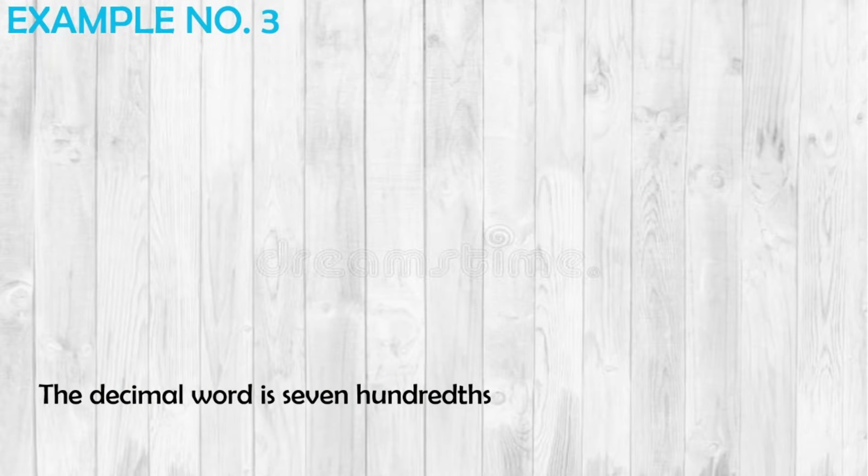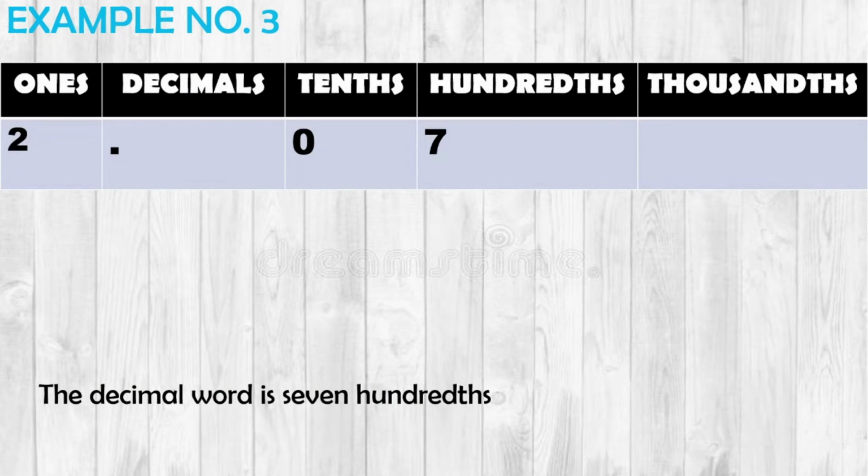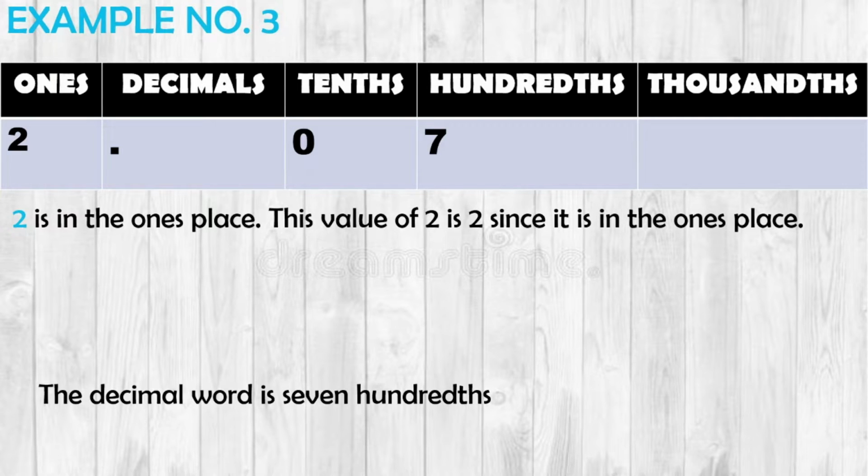Example number 3. So, we have 2.07. Let's see. 2 is in the ones place. The value of 2 is 2 since it is in the ones place. So, our whole number is 2.